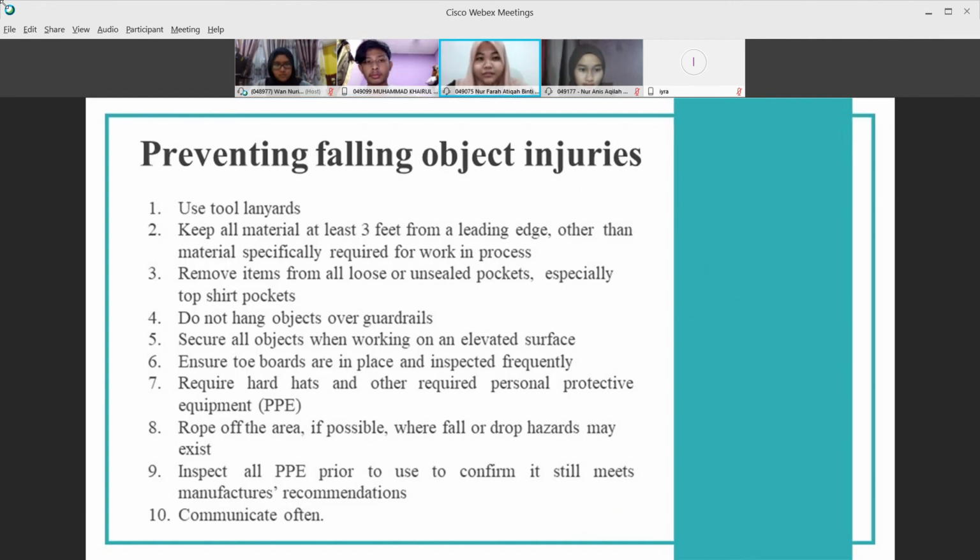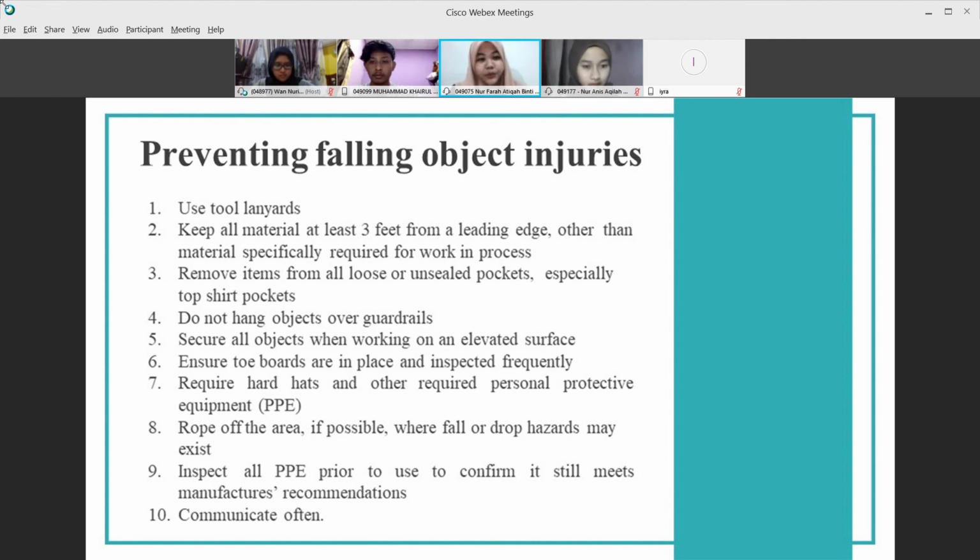For preventing falling object injuries, number 1, use 2 lanyards. Number 2, keep all material at least 3 feet from a leading edge, other than material specifically required for work in process. Number 3, remove items from all loose or unsealed pockets, especially top shirt pockets.